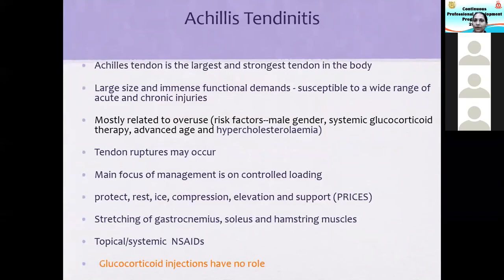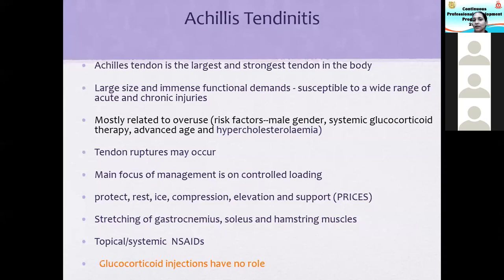Now, a brief look at Achilles tendinitis. We know Achilles tendon is the largest and the strongest tendon in the body because it has to support weight bearing. Because of the large size and the immense functional demands, it is susceptible to a wide range of acute and chronic injuries.